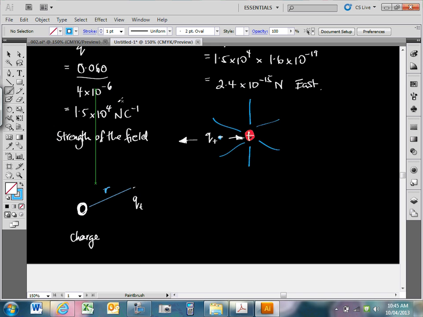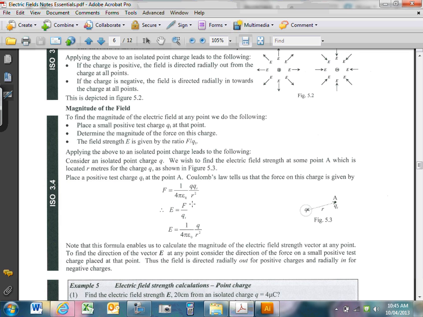How do I find the force? I use, of course, Coulomb's law, and from Coulomb's law, using E equals F on Q, we're left with E is equal to kQ on r squared. So let's state that here.